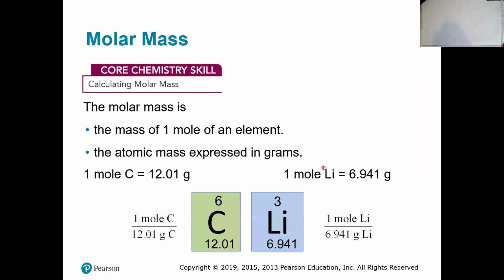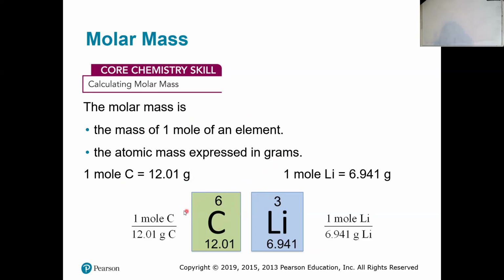Okay, so we're going to use our periodic table, and we are going to now apply the masses of individual elements to the compounds that these elements form. Let's take the example that they're giving us here, lithium and carbon.